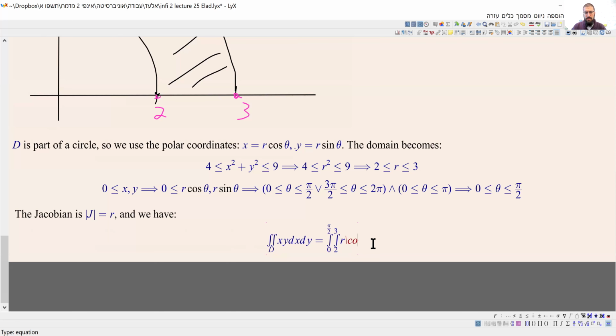X is r cosine, y is r sine, the Jacobian is r, times dr d theta. And this is the integral over a rectangular domain we need to calculate.